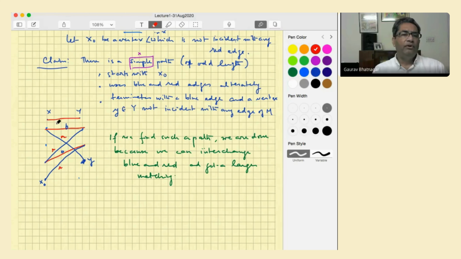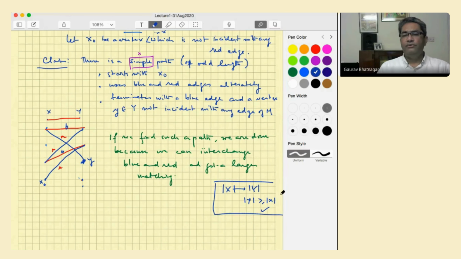No, this is fine. Whatever I've done is fine. I may have fewer or more. Okay, I understand what you're saying. There is an edge from every vertex here to Y, so Y has to be bigger than or equal to X. Is that what you're saying?